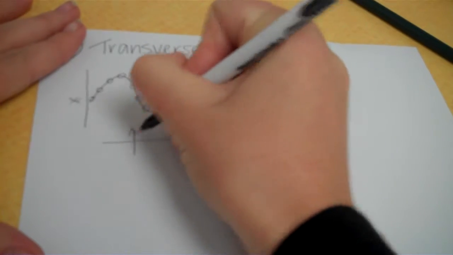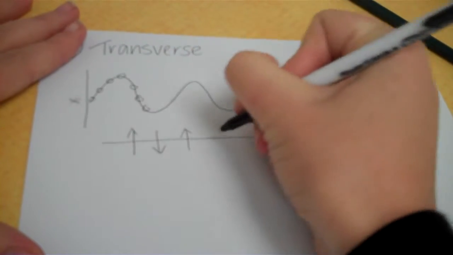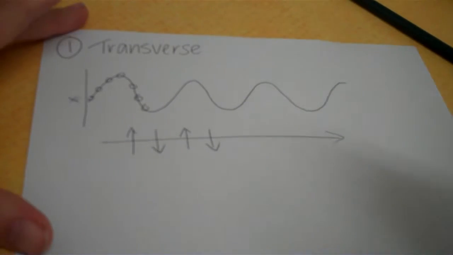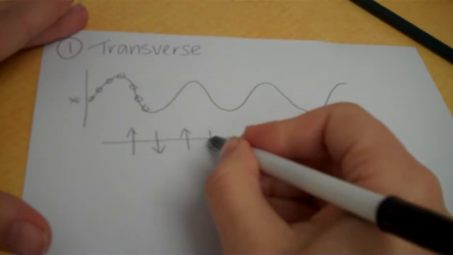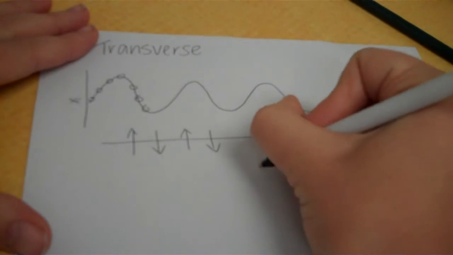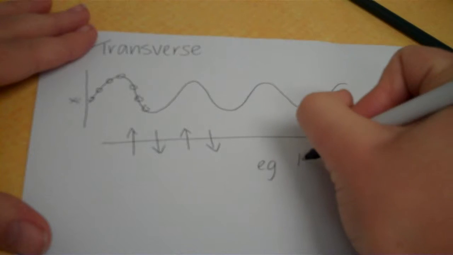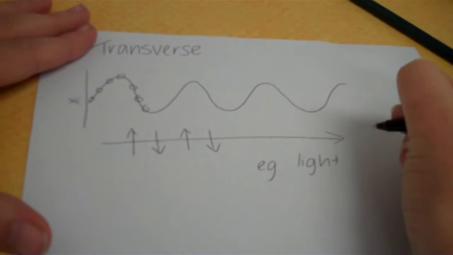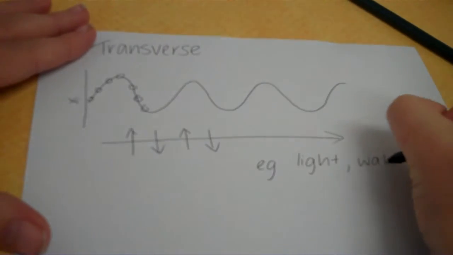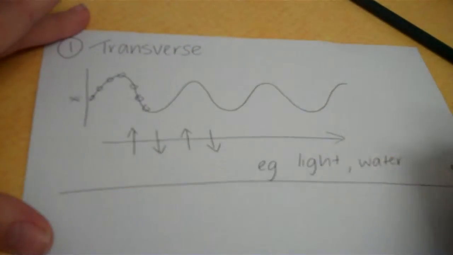So they're actually kind of moving like this. That means it's perpendicular, at a right angle to the wave direction, which is going along that way. Some examples: the big one that you guys would know is light or electromagnetic waves. Water waves is another really good example. Alright, so that's your first type.